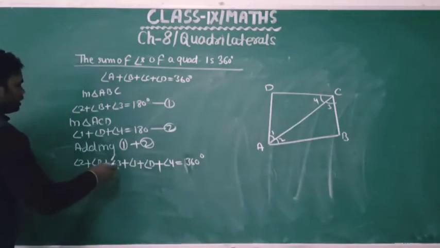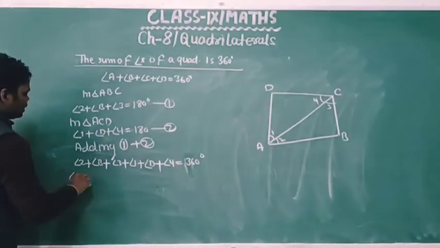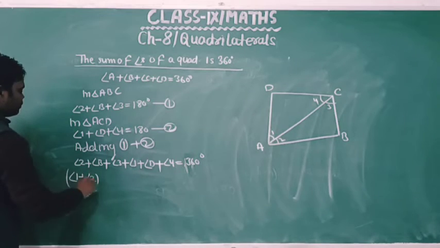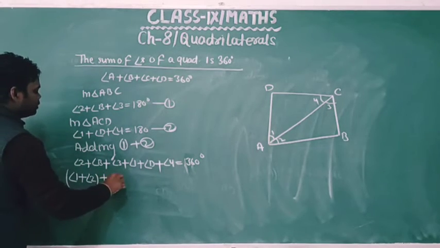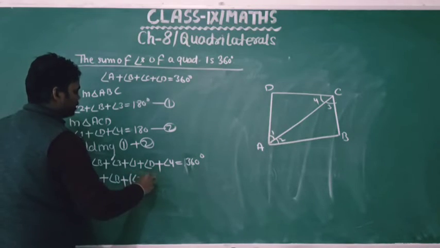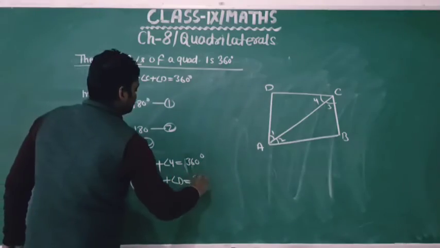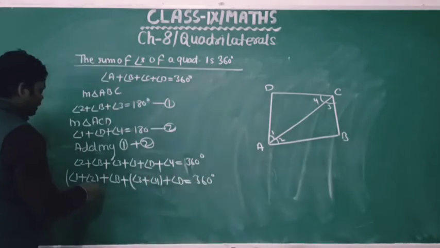And here, combining 1 and 2, so angle 1 plus angle 2, next this is angle B, and next combining angle 3 with angle 4, and this is angle D, equals 360 degrees.